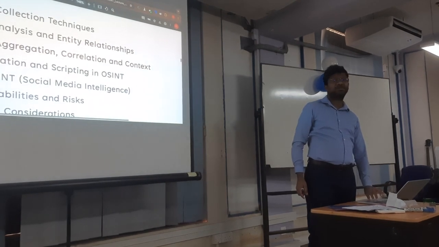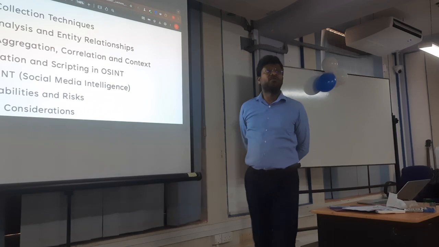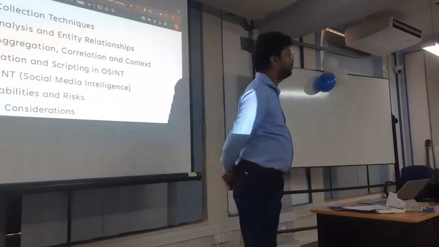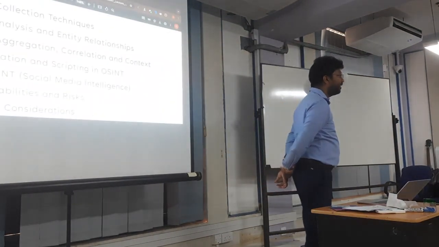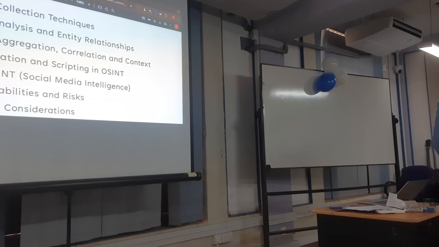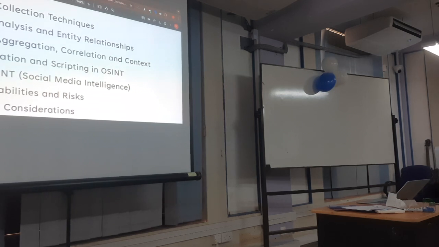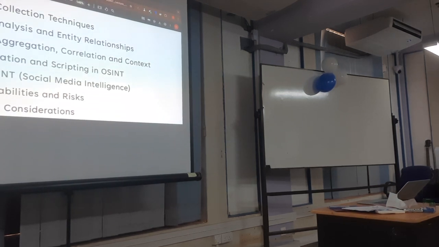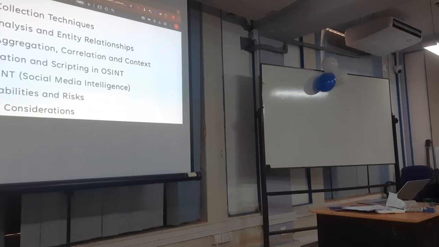Analysis and entity relationship. Okay, so with OSINT, there are cases where you are going to get data about the entity using different tools, or with the same tool you can get different angles of the entity, or you can also get data about data, which is metadata, right?